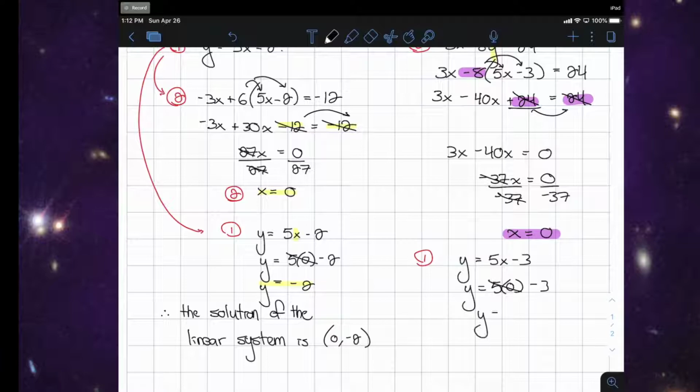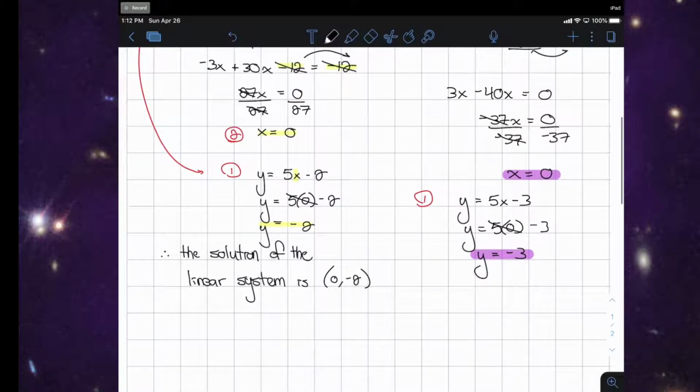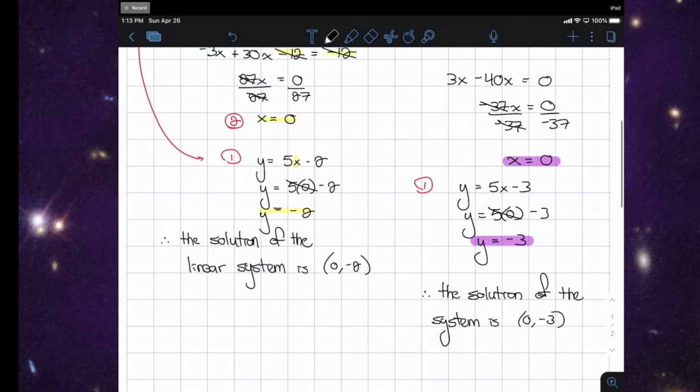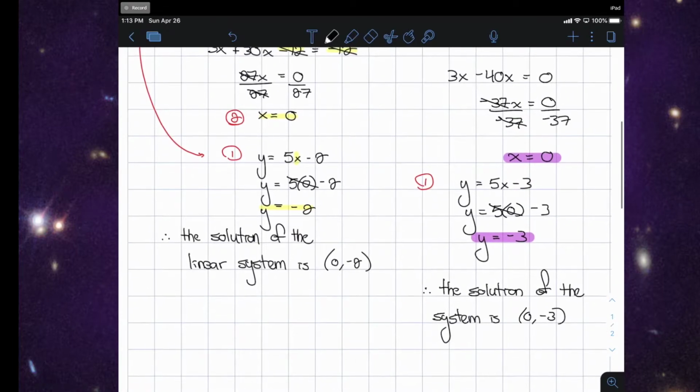So y is equal to negative 3. And that's my solution. Then I can summarize. So therefore, the solution of the linear system is (0, -3). And that's about it. So two pretty similar examples, but definitely a little bit different than the types of questions that we saw on Friday.